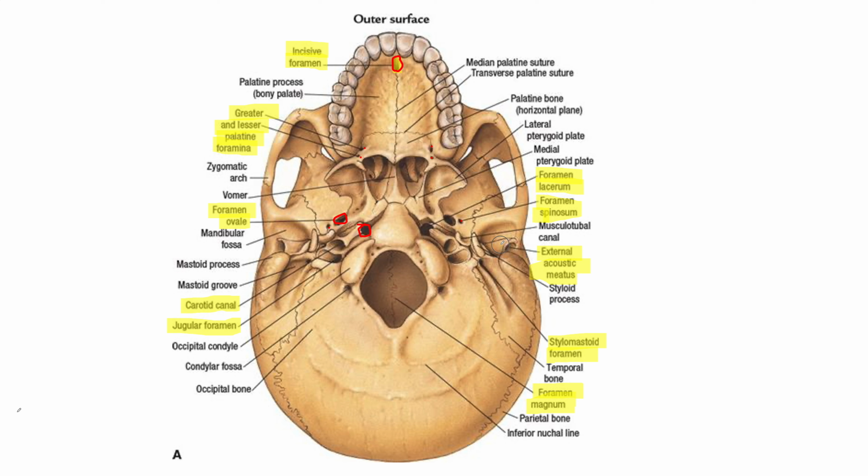This opening over here outside is called external acoustic meatus. Then we have this opening here, which is called carotid canal. You see this J-shaped foramen? It's called jugular foramen.